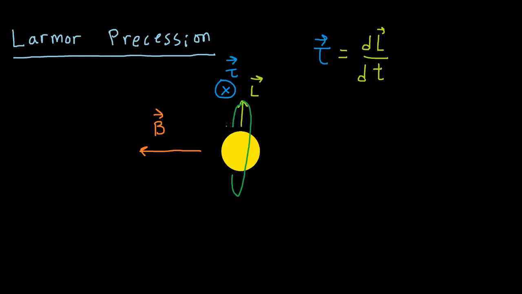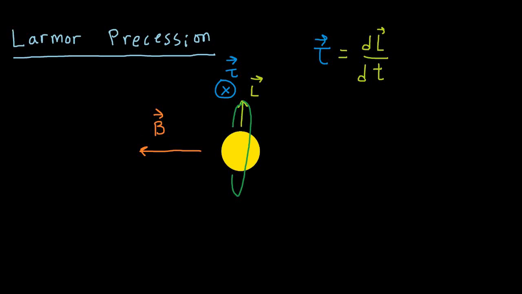So note that the axis of rotation of this precession is the magnetic field vector. So Larmor precession is just that when you have a spinning electric charge placed in an external magnetic field, the angular momentum due to the spinning is going to precess around the magnetic field vector.